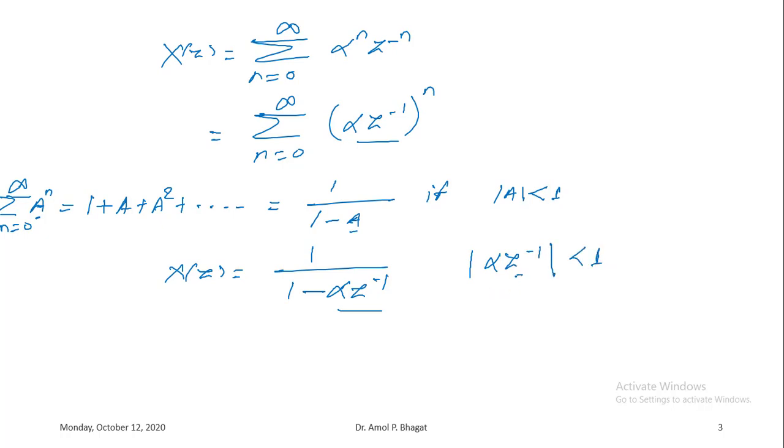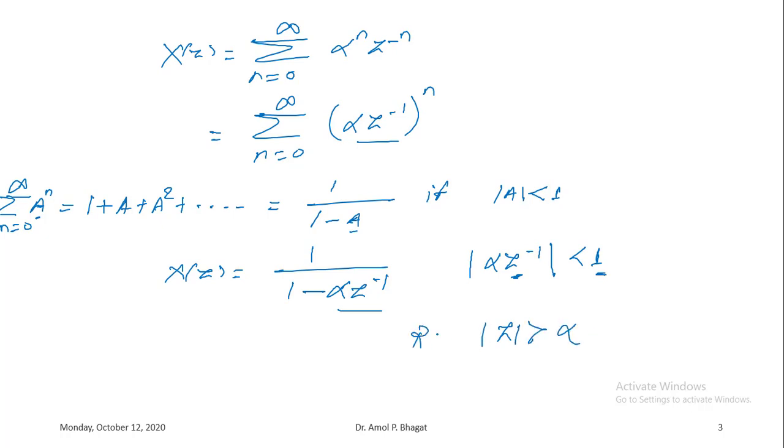If I send z to the right hand side, this will be simply alpha less than 1 upon z inverse. So 1 upon z inverse is nothing but z. That means z greater than alpha, that is alpha less than z. Therefore you can simply write mod z is greater than alpha.